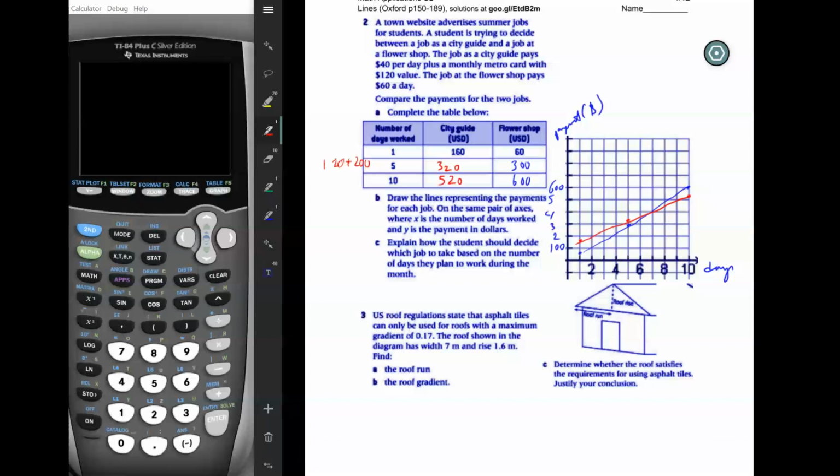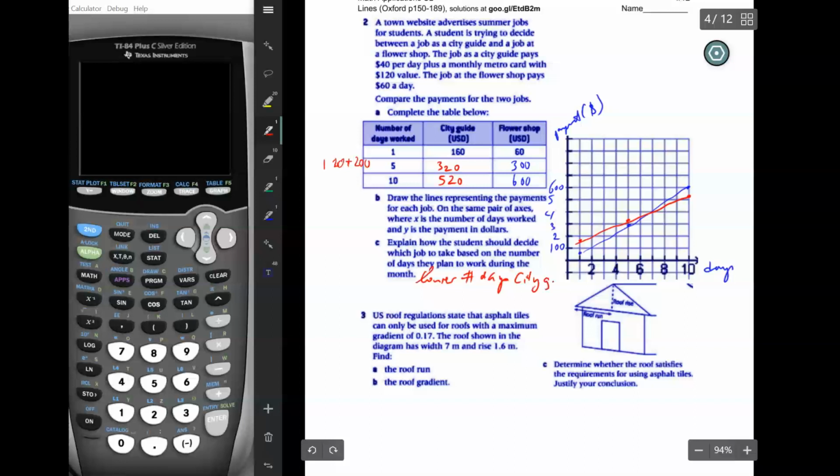Okay, so we drew the lines, and then it says, explain how the students should decide which job to take based on the number of days they plan to work during the month. So if they have a smaller number of days, then they should choose the city guide job.